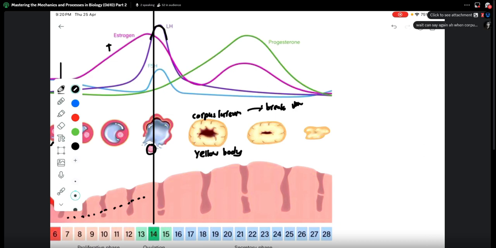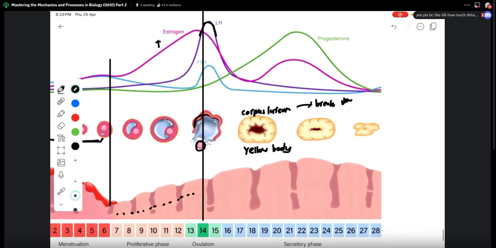We can say again, when the corpus luteum stops secreting progesterone, meaning, after ovulation, the egg is released into the oviduct, right? Correct. So after it's been released from the ovary, the follicle degenerates and it becomes a corpus luteum.